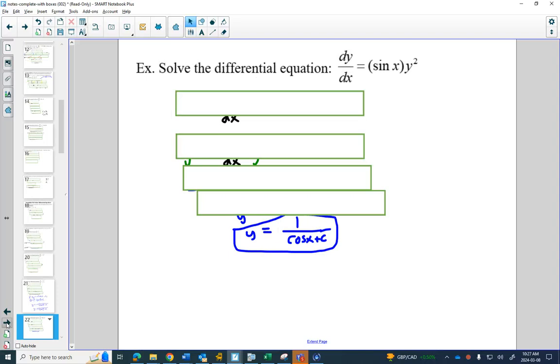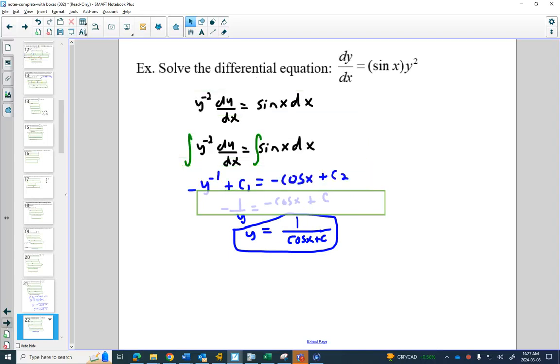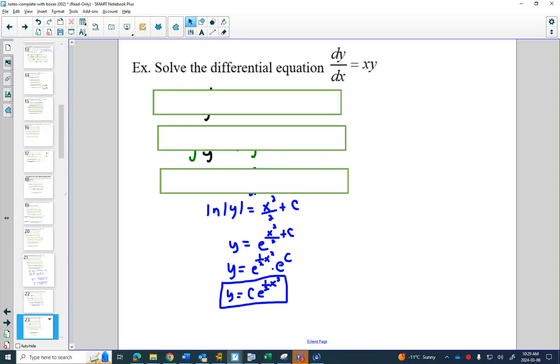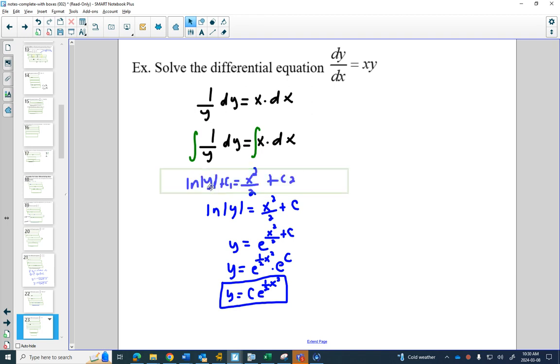Here's the answer to the first one, so you can check. If you left it like this, you left it as the implicit one, right? This is most likely. So here we move the y over, integrate both sides, get the natural log of the absolute value of y. And so right here, we're probably feeling pretty good about getting to that.